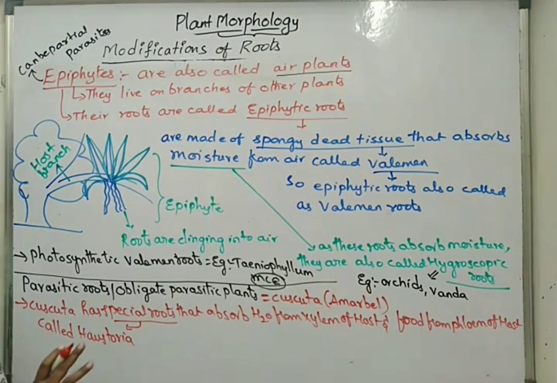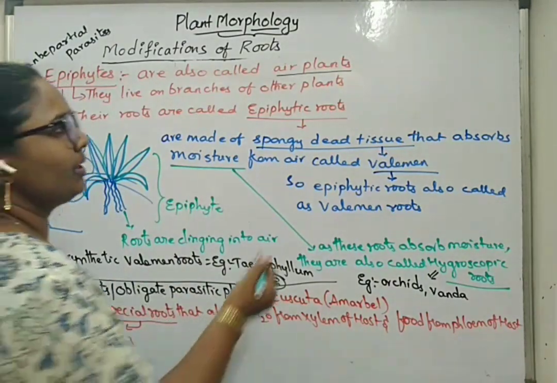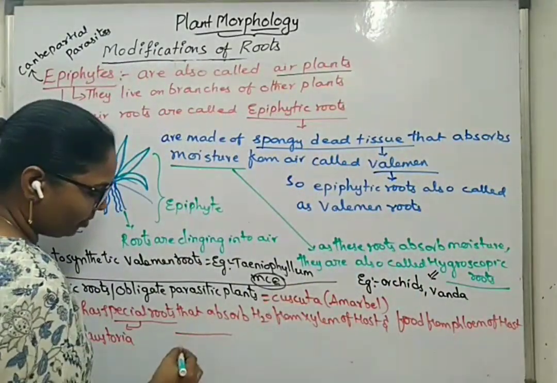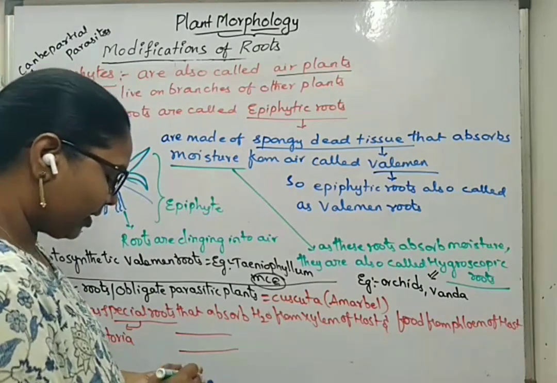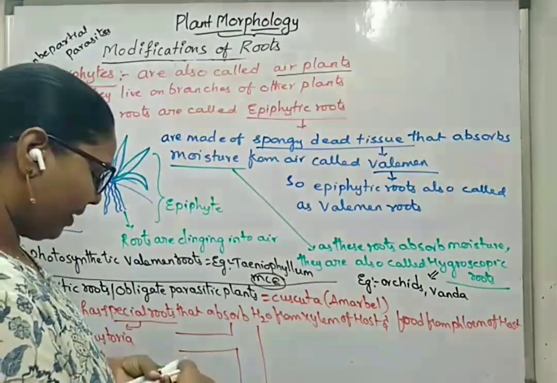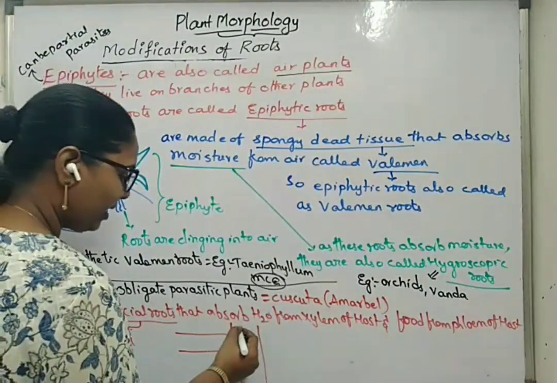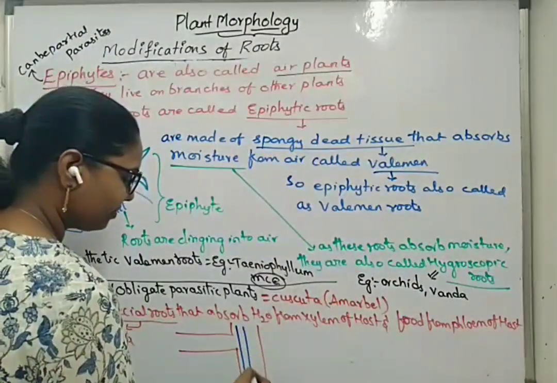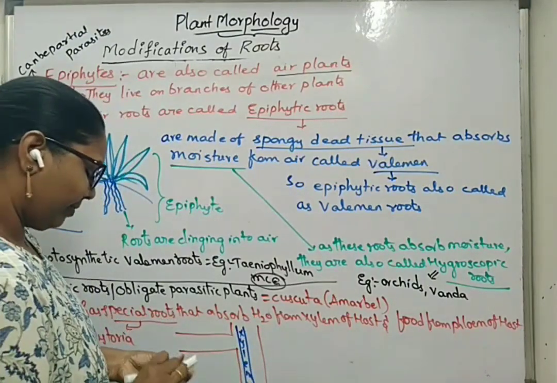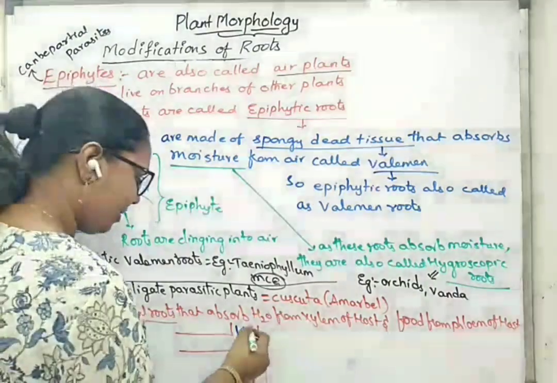But the complete plant, it remains outside only. Outer layer of cuscuta, it remains outside. So here I will draw the diagram. If this is the root of cuscuta and this is the host plant, we will mention with different colors. Think that this is xylem, X, Y, L, E, M. This is phloem.